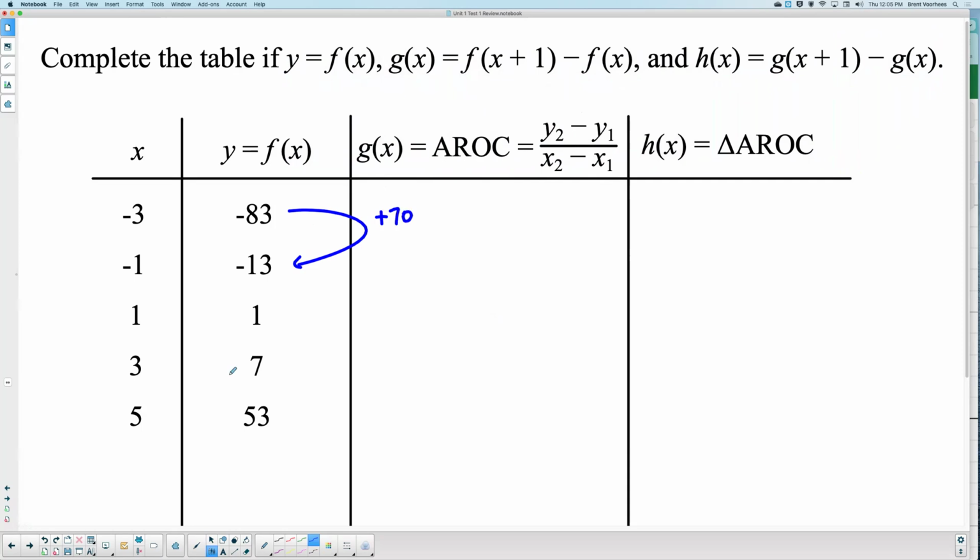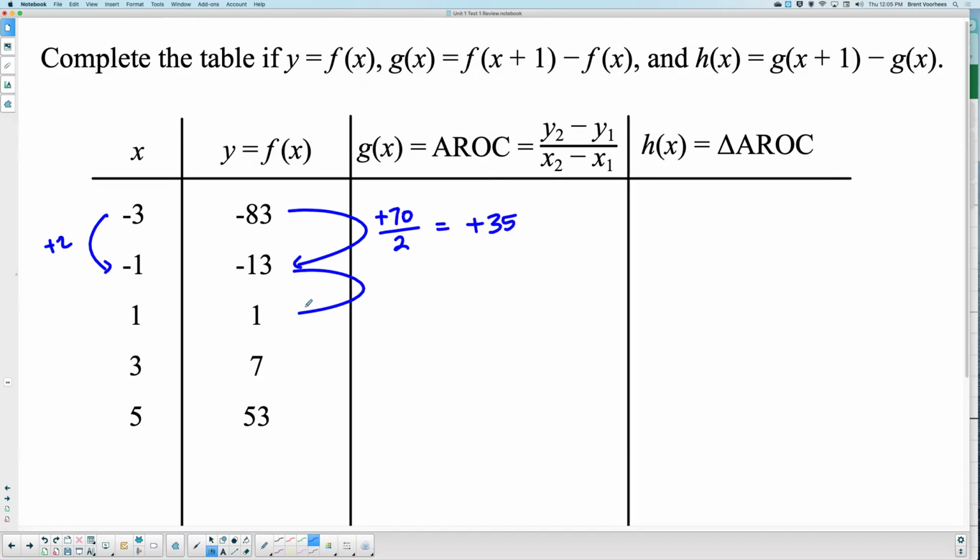It's always better if you do a plus or a minus. Now, do the x's change by ones? No, so we have to include these. How much do my x's change by? Plus 2. The x's are always positive, so you don't actually have to put the plus, but I will there. What is 70 divided by 2? Okay, positive 35. Let's go to the next one.